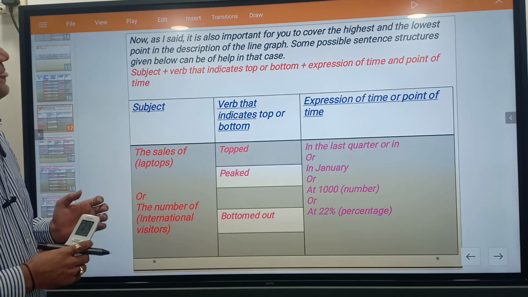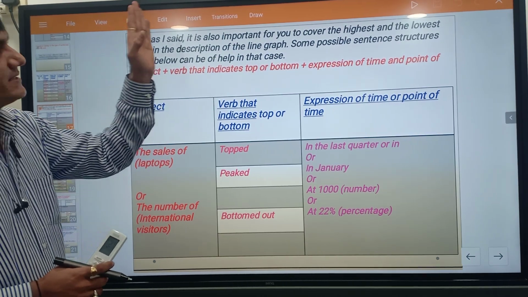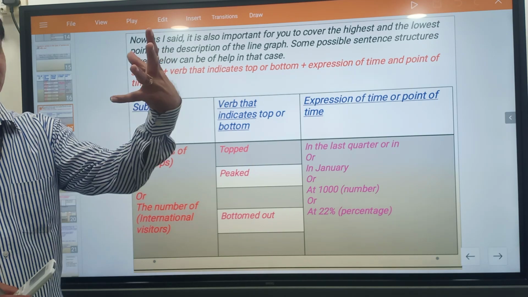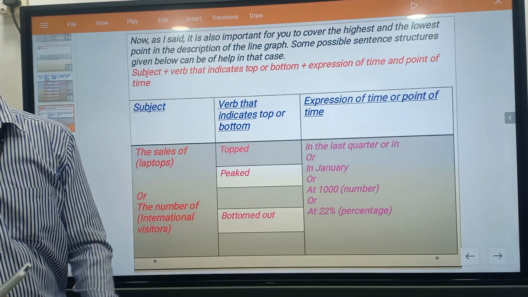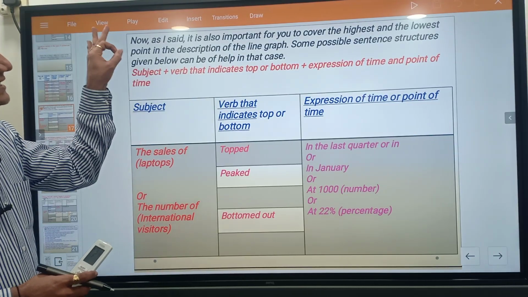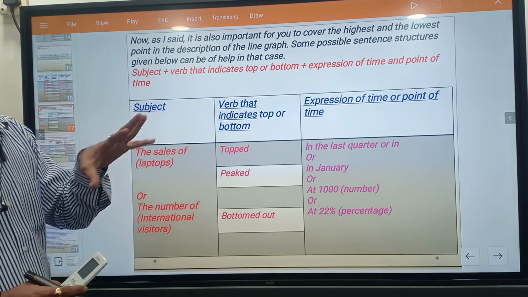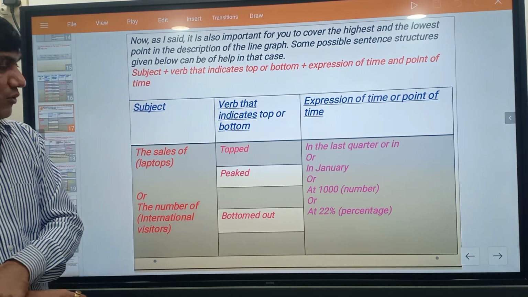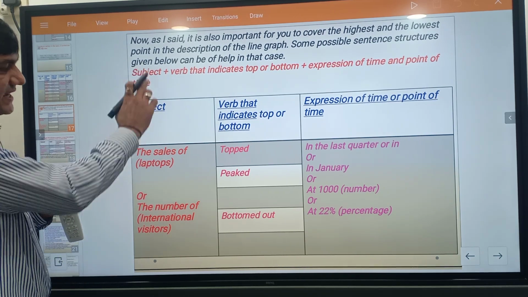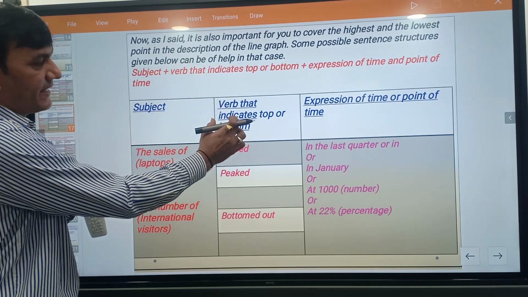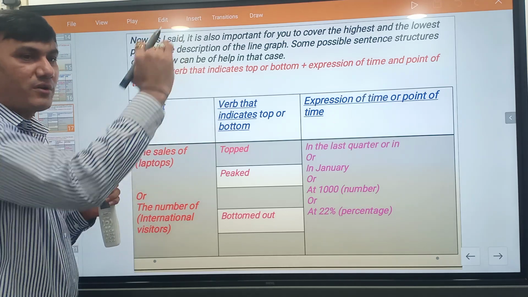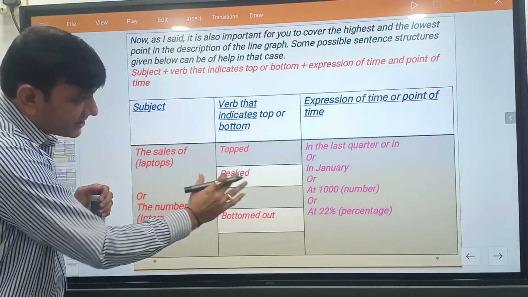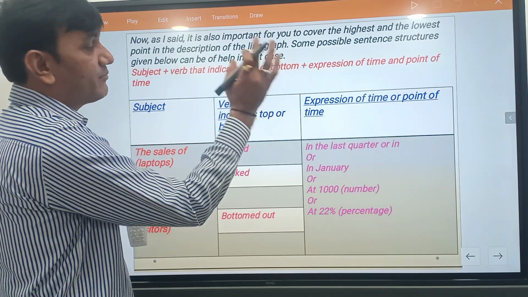Now, as I said, it is important for you to cover the highest and the lowest point in the description of the line graph, and some possible sentence structures given below can help in that case. How? Let's see. Subject, verb that indicates the top or bottom, then an expression of the time or point of time.